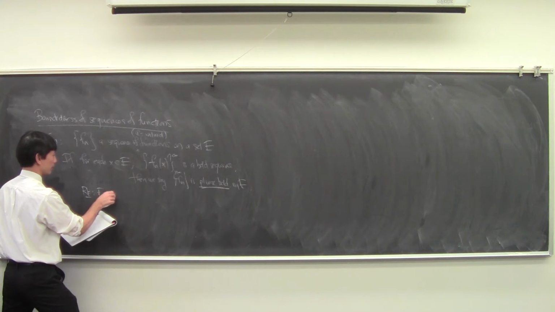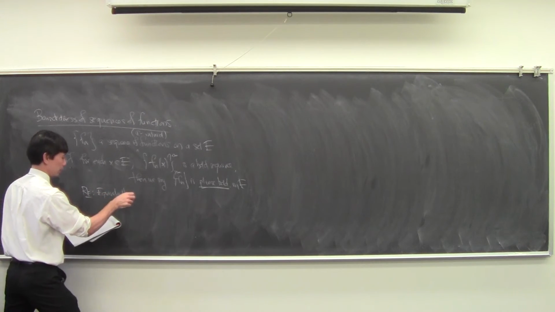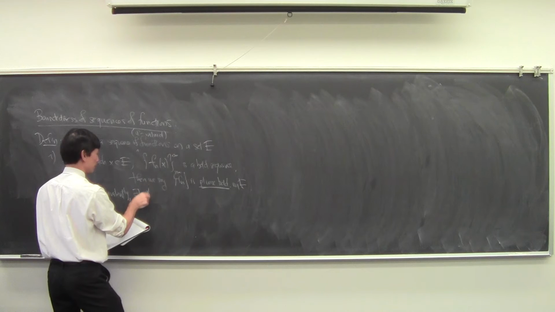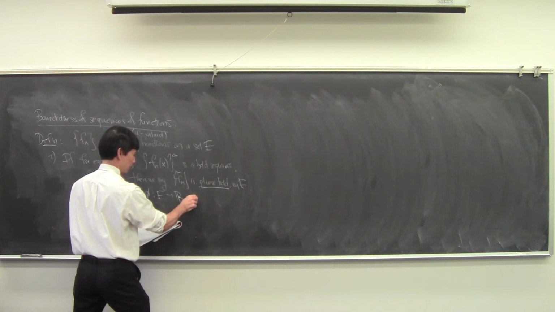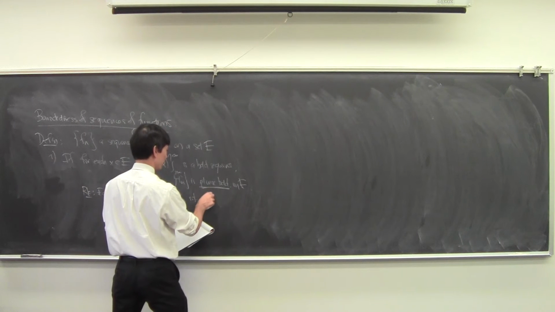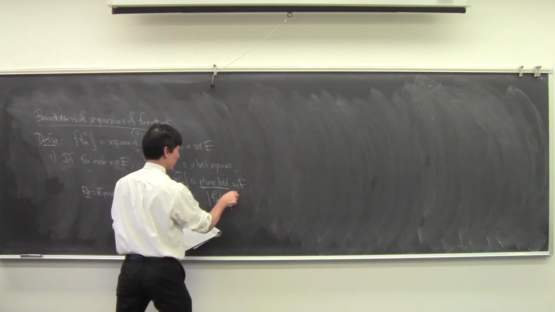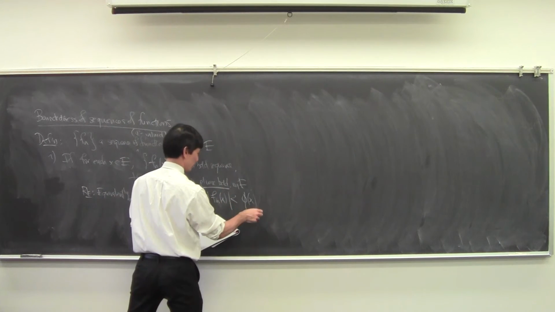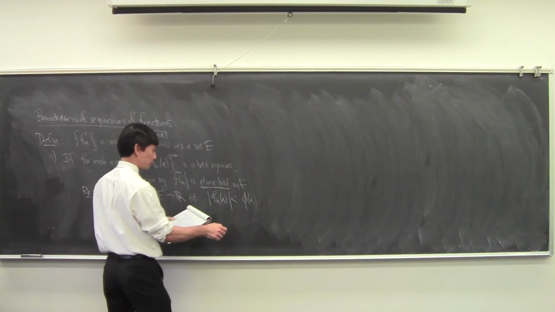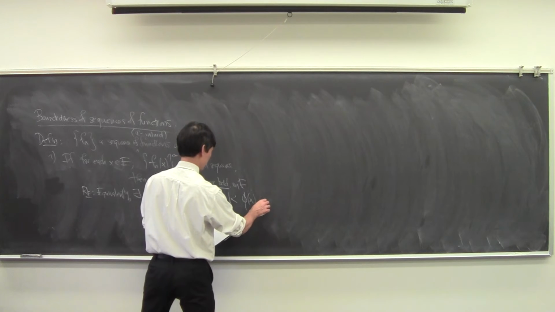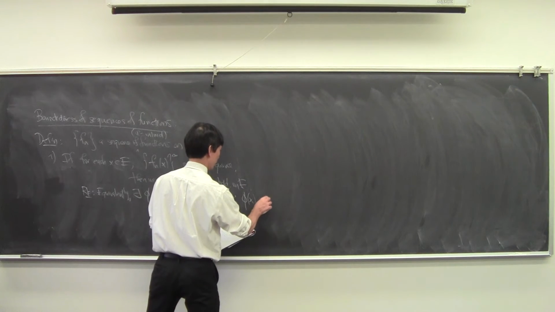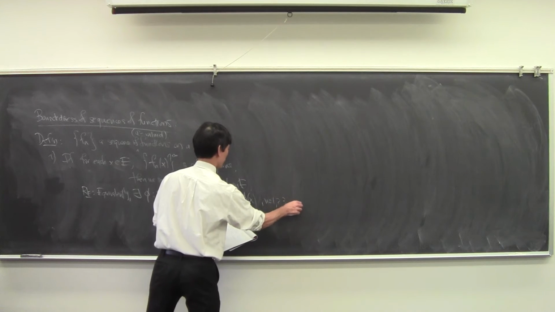Equivalently, there exists some function phi from E to R such that |f_n(x)| is smaller than phi of x for n equals 1, 2, 3, etc.